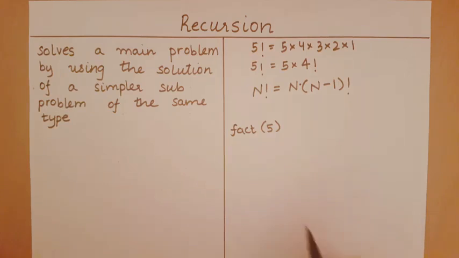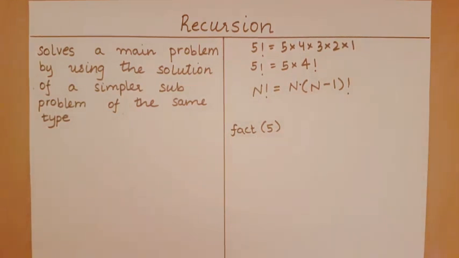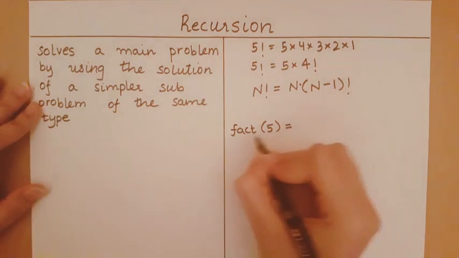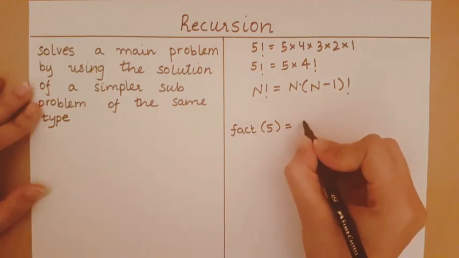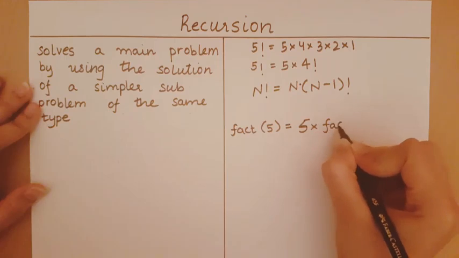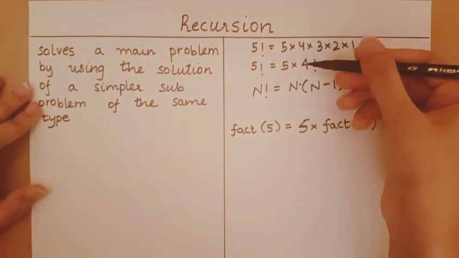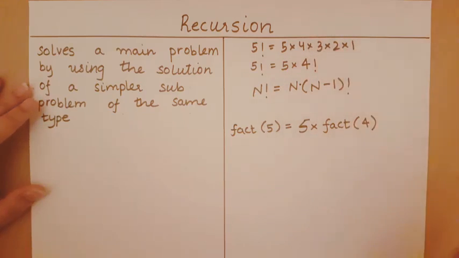So, when I say I want to calculate the factorial of 5, if I were to break it down into a simpler subproblem and use that solution, I would say that factorial of 5 is equal to 5 into factorial of 4. I'm sure you agree because it's the same as this step.